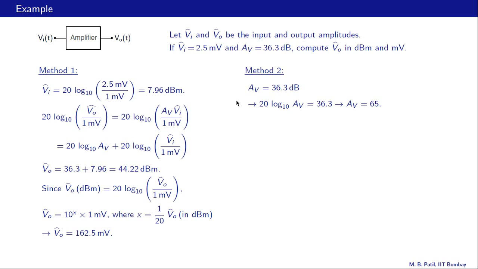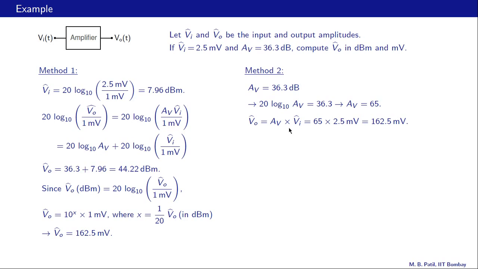Let us look at method 2 now. We know that Av is 36.3 dB. We can convert that into a real number, which is the ratio of Vo and Vi, the magnitude of the ratio. So what we know is 20 log to the base 10 of Av is 36.3, and from that we get Av equal to 65.